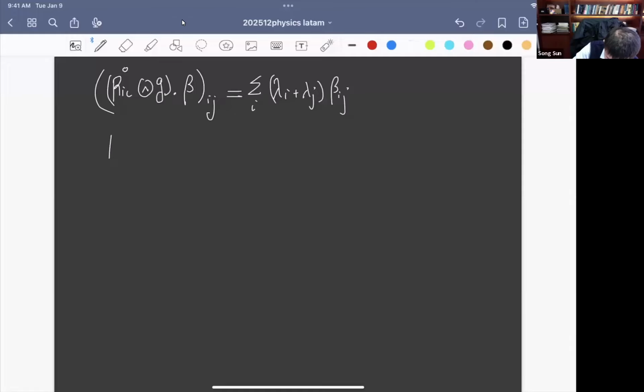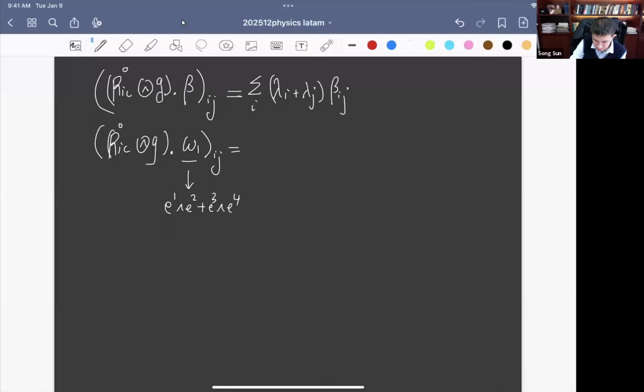So now, if we want to know this acting, for example, on omega 1, one of the orthonormal basis elements of the self-dual part. So what is omega 1? Omega 1 is e1 wedge e2 plus e3 wedge e4. That means beta 12 equals 1.